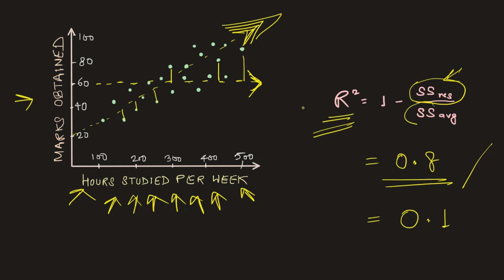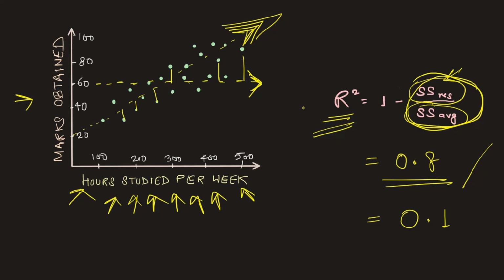However, this will start decreasing the value of the denominator part, and as a result this entire value starts becoming bigger and bigger, and at that time you will have a risk of a very low value of your r square. In fact, it can even go lesser than 0.